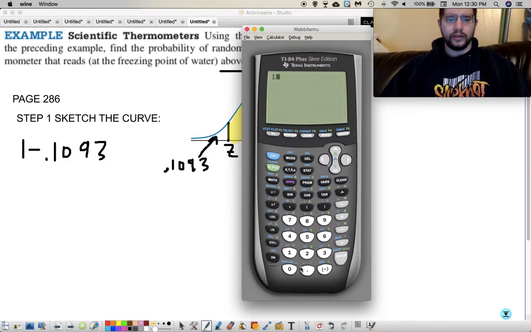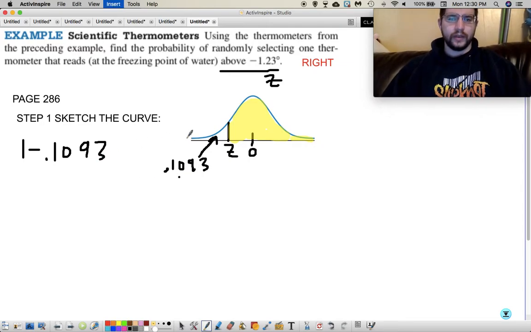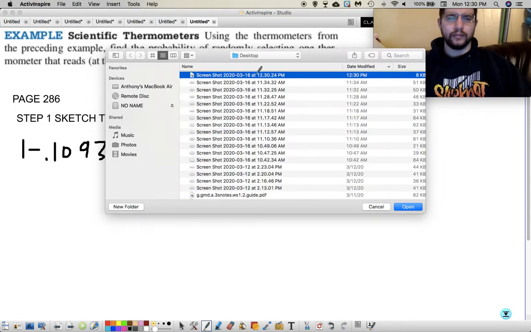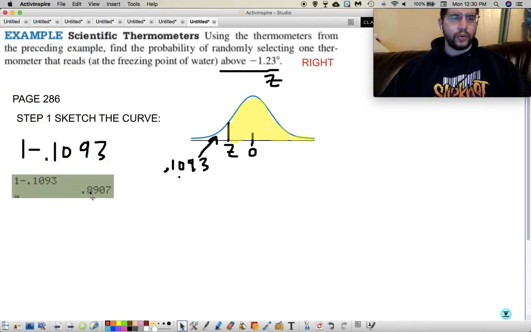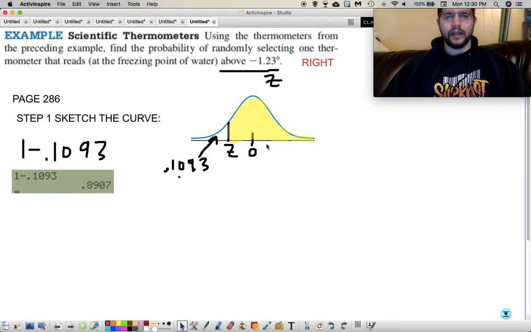And I'm just going to use a calculator because I'm lazy. Is this right here. So our answer is 0.8907. Okay, so that's the probability that one of these thermometers is going to read a number above negative 1.23 if it's stuck in some almost freezing water.